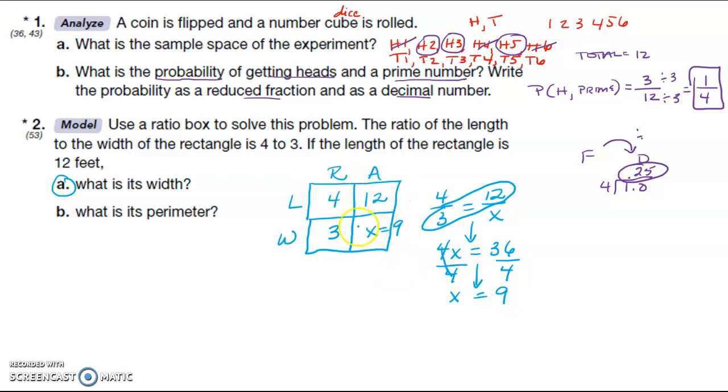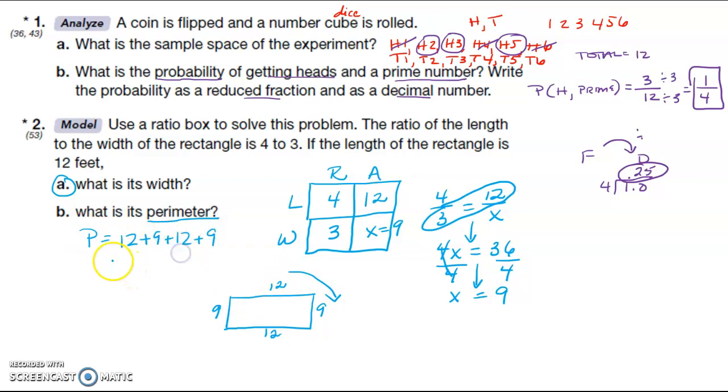All right, so these are my actual measurements of this rectangle. So if my length is 12 and my width is 9, what is my perimeter? Now perimeter means we add everything as we go around. So perimeter is going to be 12 plus 9 plus 12 plus 9. Which is 21 plus 21, which is 42.